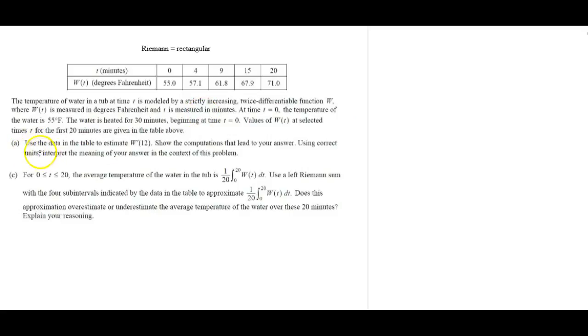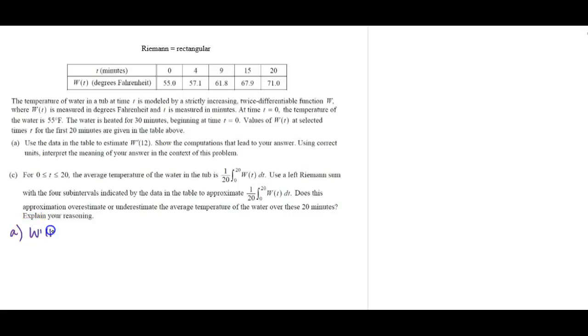And in part A, we're asked to use the data in the table to estimate W prime of 12. So I'm trying to estimate an instantaneous rate of change. So without having the actual value of W prime of 12 or the actual function W to take the derivative of to be able to plug in 12, I'm going to, just like last time, use the average rate of change formula.